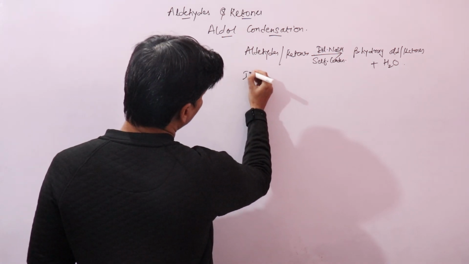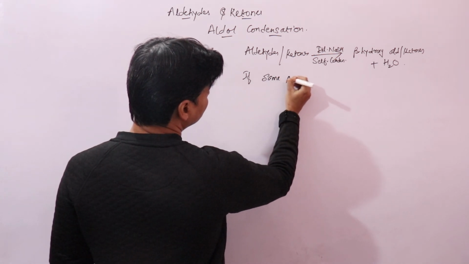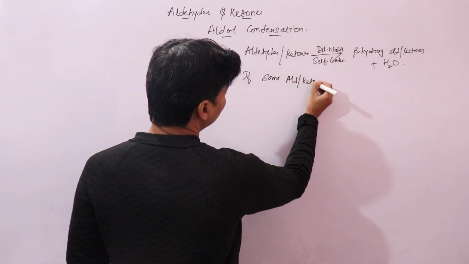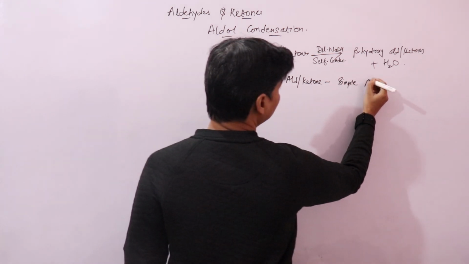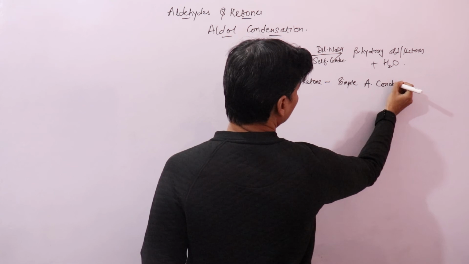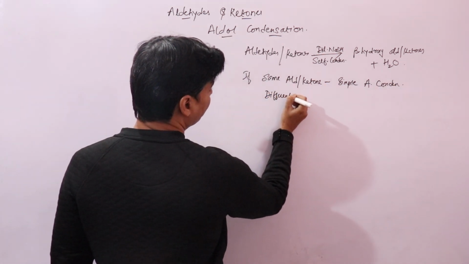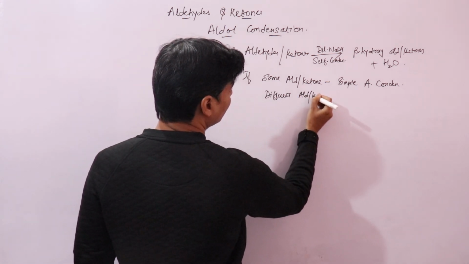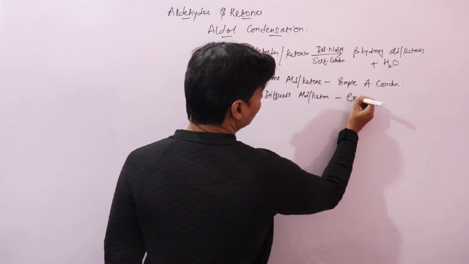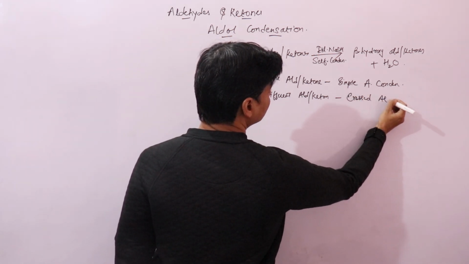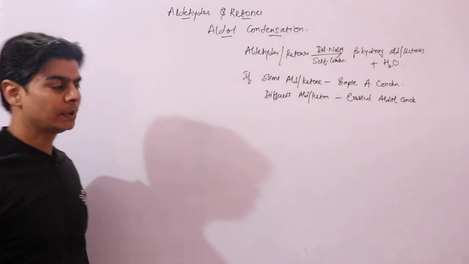So if the reaction is taking place between same aldehyde or ketone, this is your simple aldol condensation, right? If you have different aldehyde or a ketone, then this is known as your crossed aldol condensation, right?